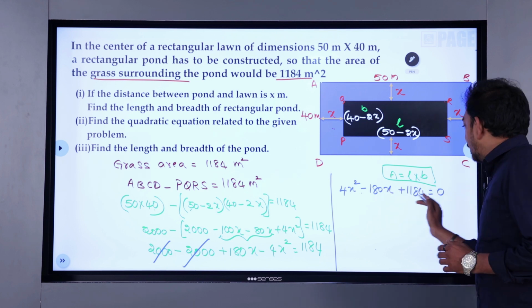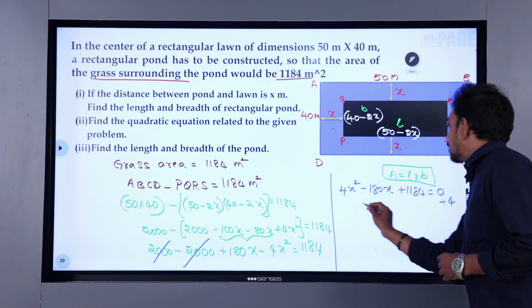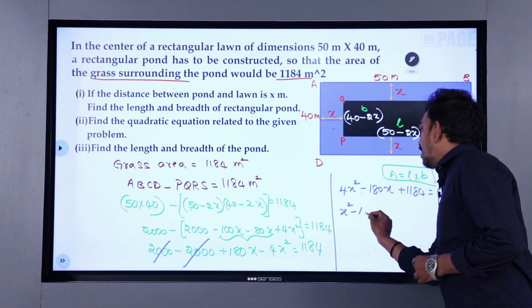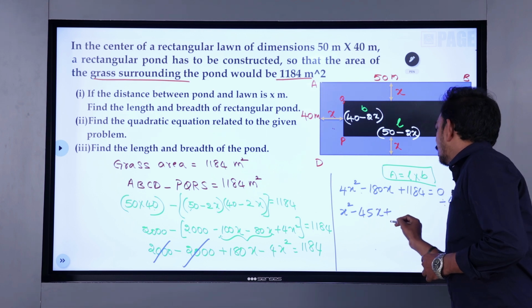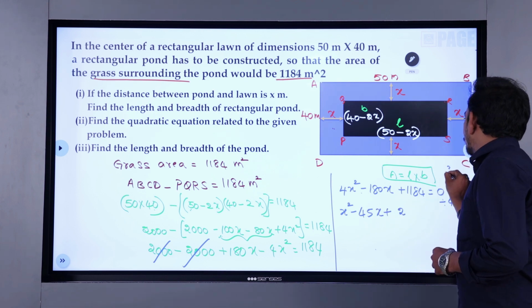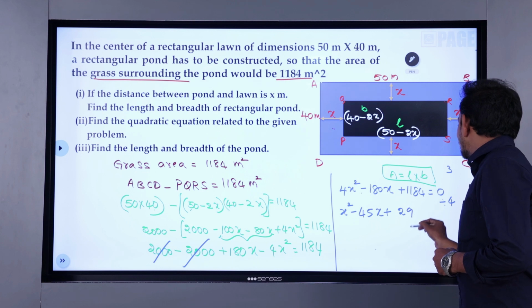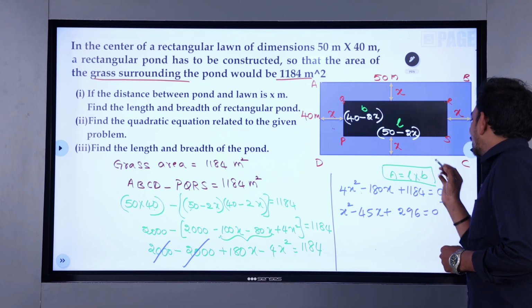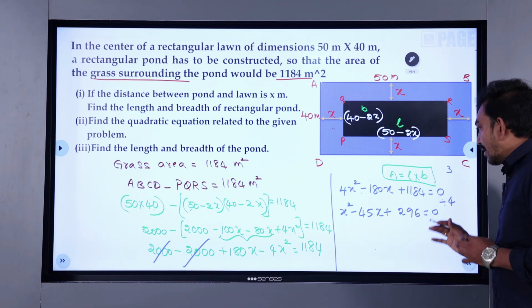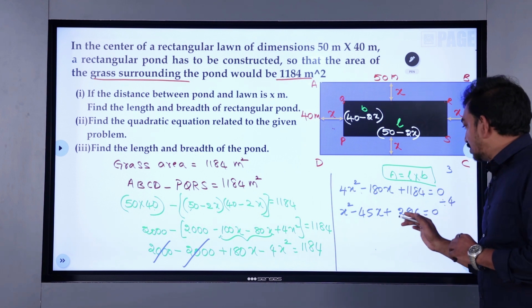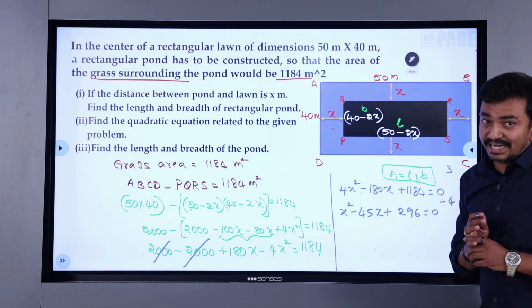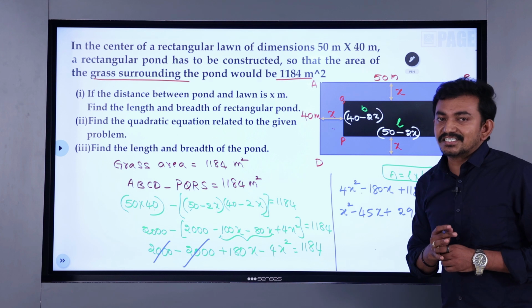Let us divide every term by 4 now, so that this becomes x square minus 45x plus 296. Now how do you factorize this quadratic equation? The product of the numbers should be 296 and the sum of the factors is 45.